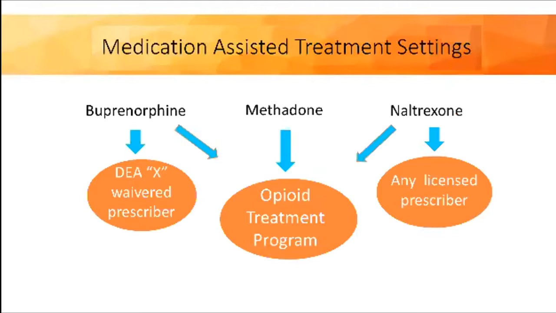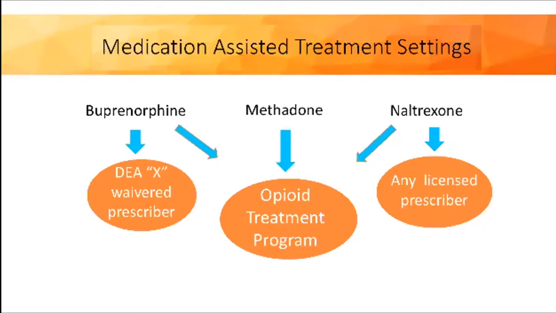So just to refresh what type of settings patients can receive these medications in. So buprenorphine has to come from a DEA X waiver prescriber in an office-based setting, in a hospital, or it can be given in an opioid treatment program. If you feel like your patient is high risk and would benefit from a program that is daily, OTPs do also offer buprenorphine films.